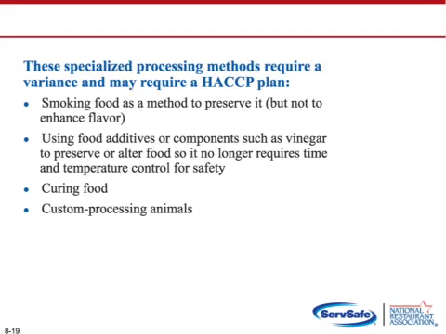There are a few restaurant opportunities or occasions when they may need a particular variance or an exception to a HACCP plan. Smoking food as a method for preservation, not just to enhance flavor, using certain kinds of additives, curing food, and custom processing of livestock are all things that most of us won't ever encounter in an institutional environment.